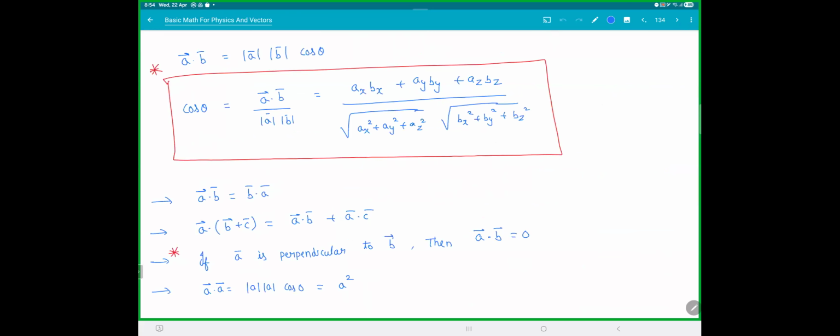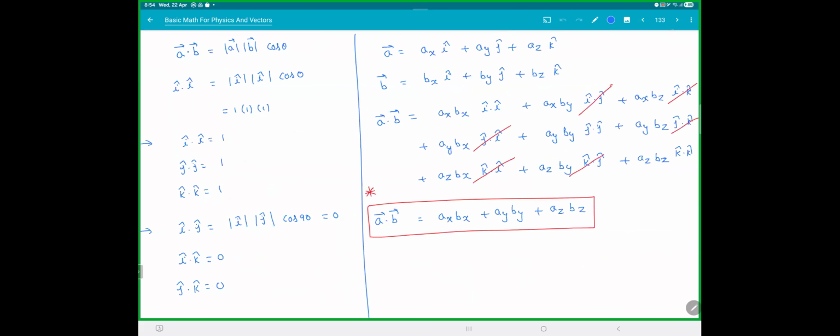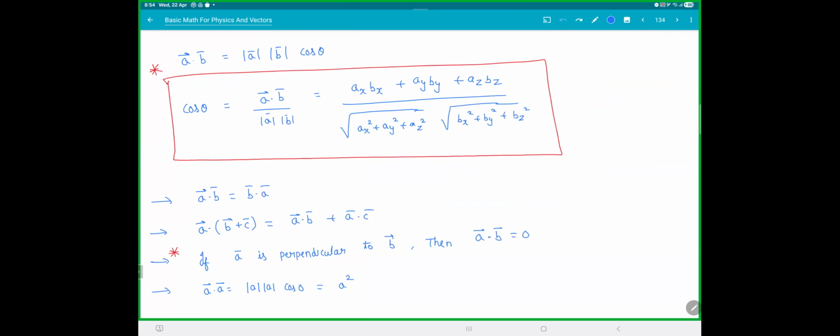So this is the main thing, how to get the dot product and how to get the angle. In case anyone wants to note it down, you can put it down. A dot B is AX BX plus AY BY plus AZ BZ, and this is how you get the angle there. Clear?